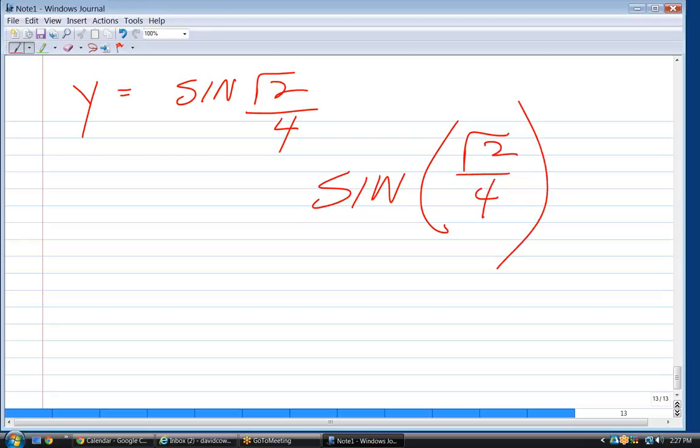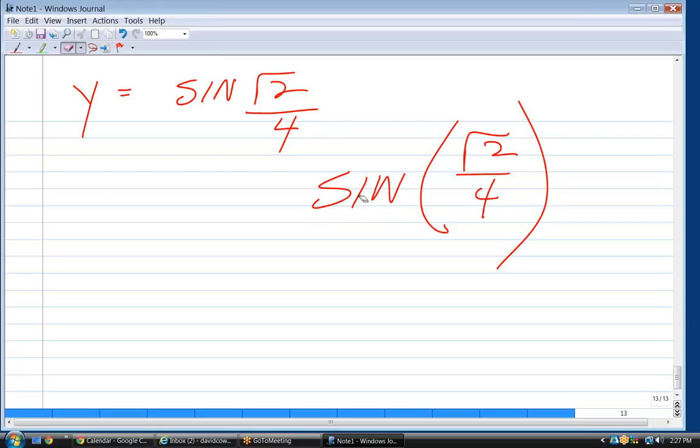All right. So you would put in root 2 over 4. In parentheses. In other words, and don't use the parentheses, it's going to find the sine of the square root of 2 and then divide that answer by 4. And I would have to have my calculator in radian mode for that. Not necessarily.